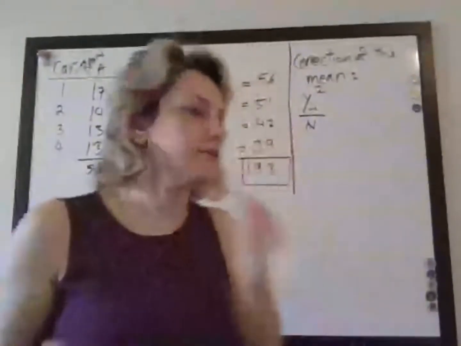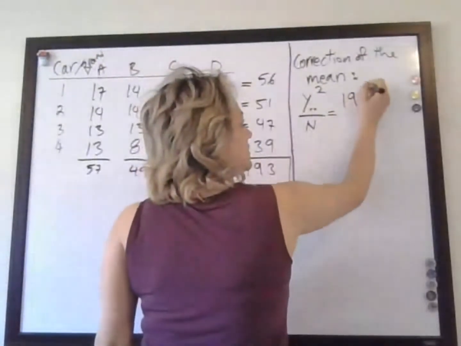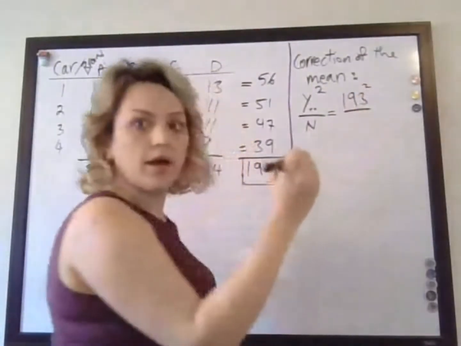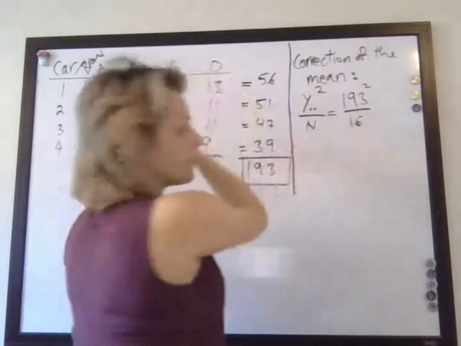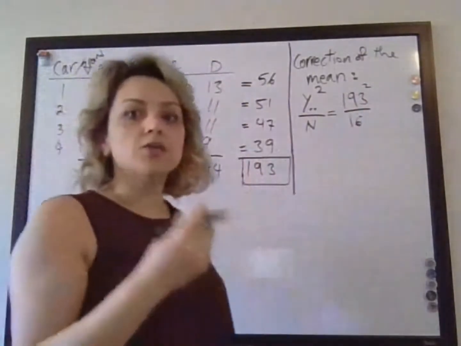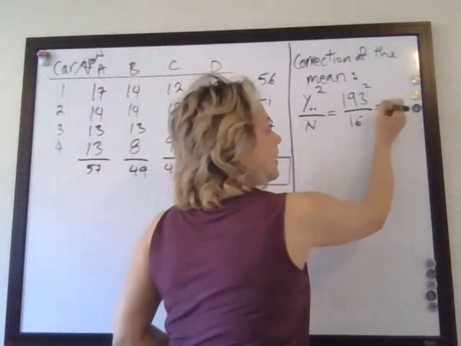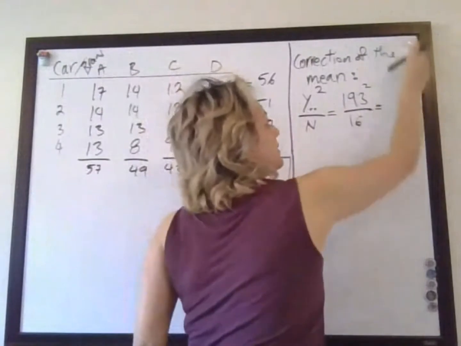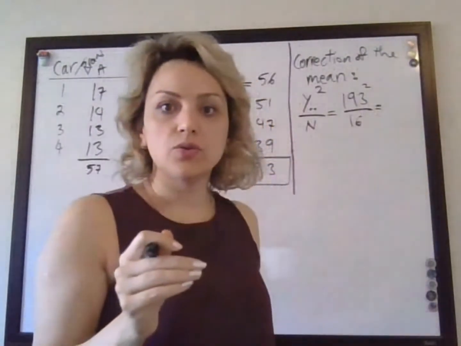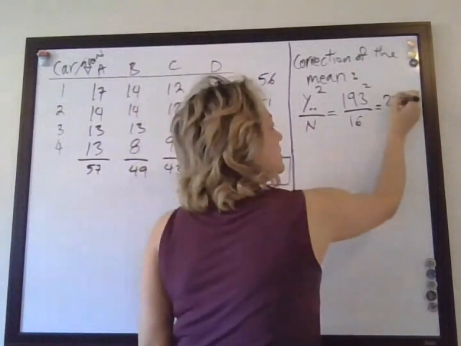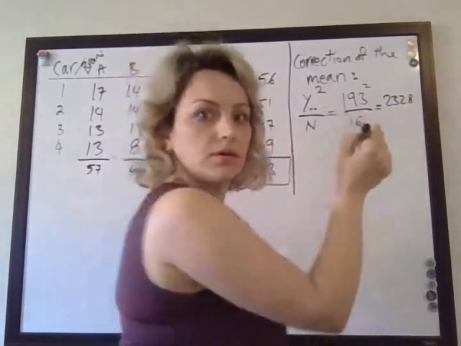Yes, it's 193. So it's 193 squared divided by 4 by 4, which is 16, the total number of observations. The value of this is 2328 point something.